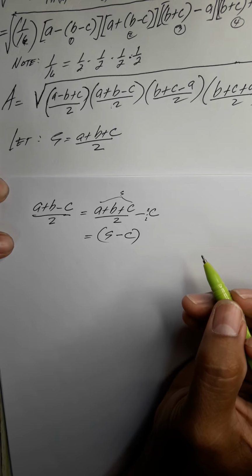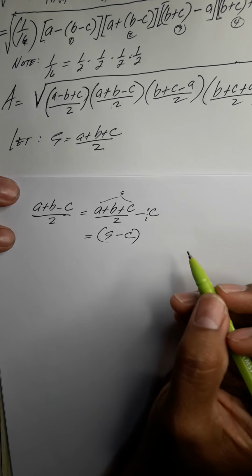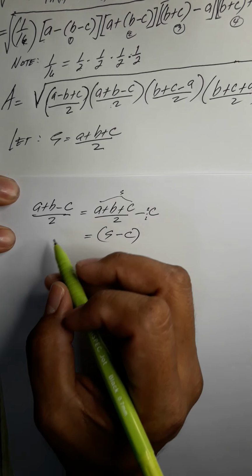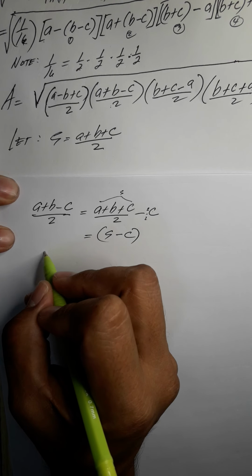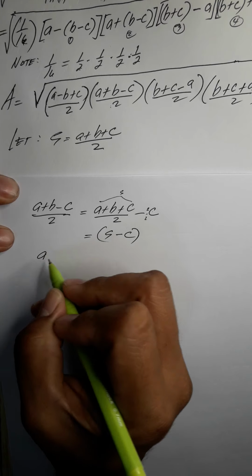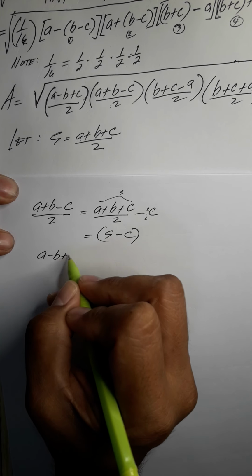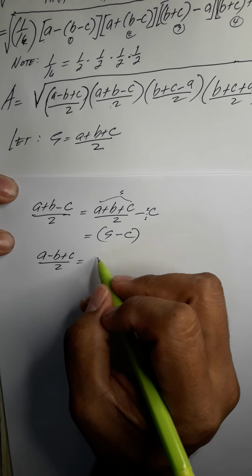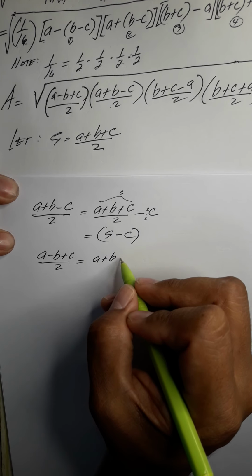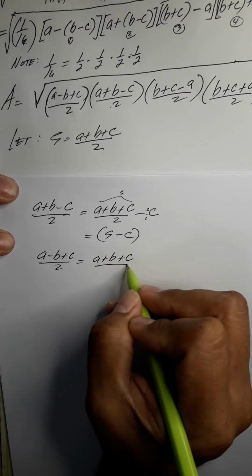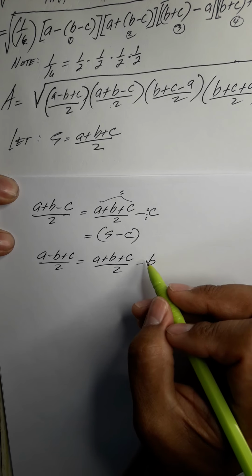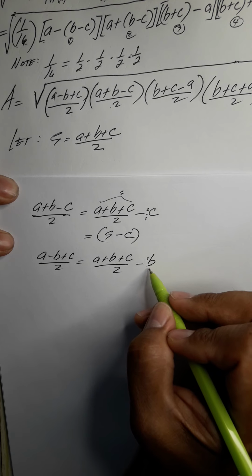Okay, same thing happens with the others. So let's say this one. A minus B plus C over 2 is equal to A plus B plus C over 2 minus B. Okay, we put 2 here, we put 2 here.